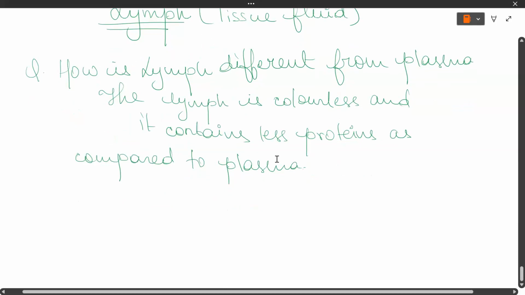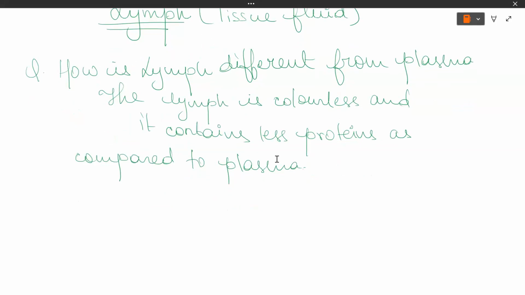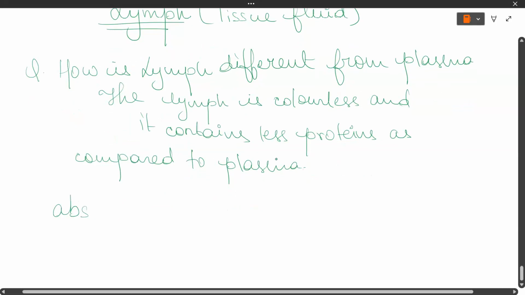Now, after that, let us see what the functions are. Basically, the lymph absorbs the fat. Whenever fats are digested, absorption of fat takes place by the lymph only.